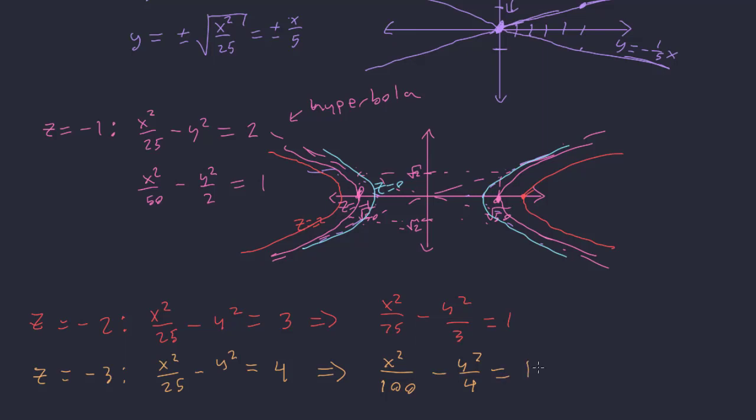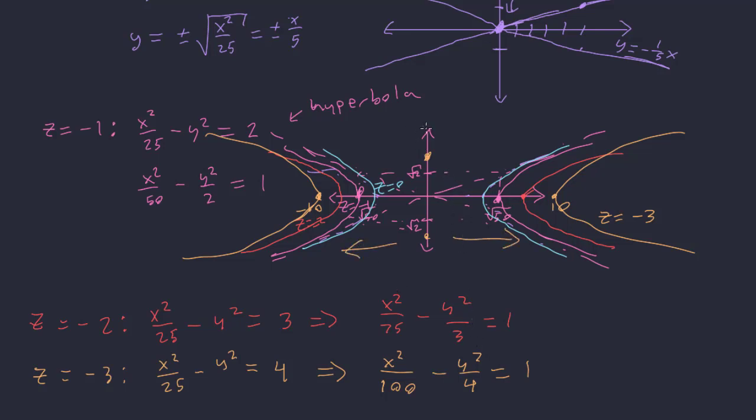So this will actually bring it out to 10 by 2. We'll be out here at negative 10 and 10, and y will get up to 2 in that case. All right, something like that. So as the z's go down, our hyperbolas are spreading out.